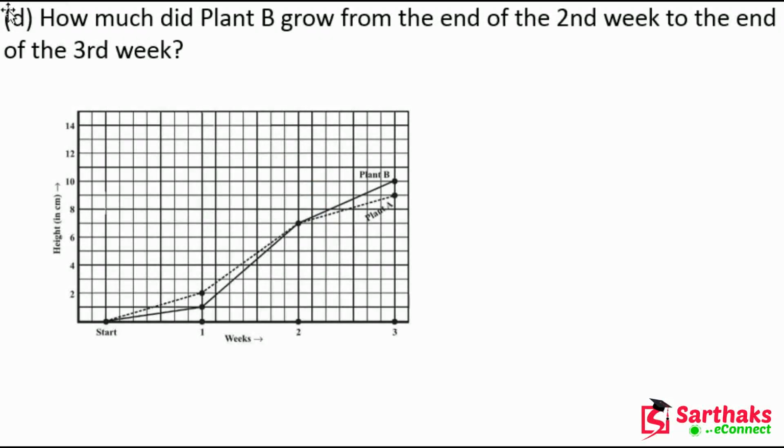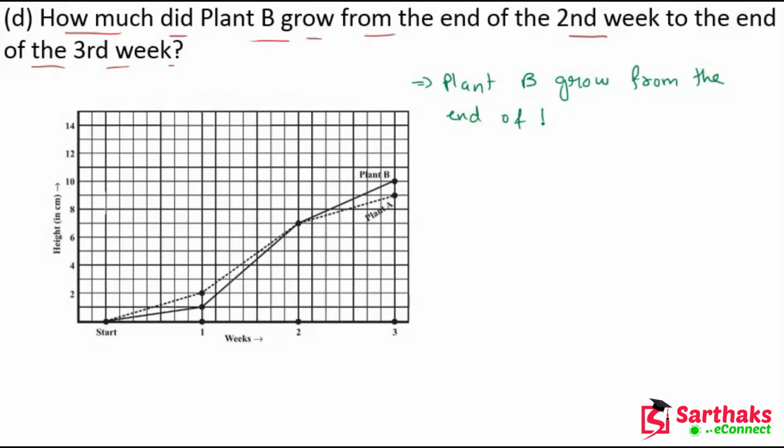Now next one is, how much did plant B grow from the end of the second week to the end of the third week? The question is similar, but here it is plant B. So we can write plant B grew from the end of the second week to the end of the third week.